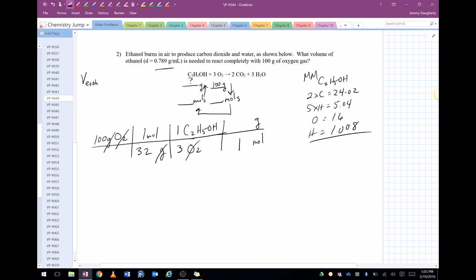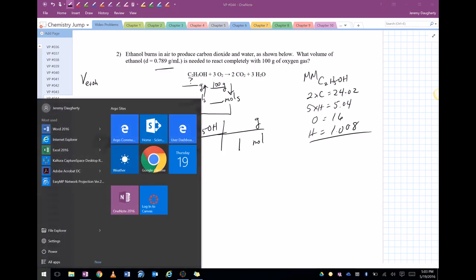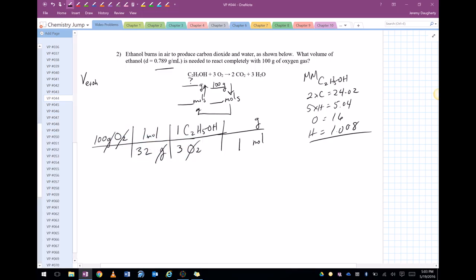So that's 5.04 plus 16 plus 1.008 plus 24.02. Let me add that up again to make sure I got that right. Yes, 46.068. So that's the molar mass, how many grams per mole.